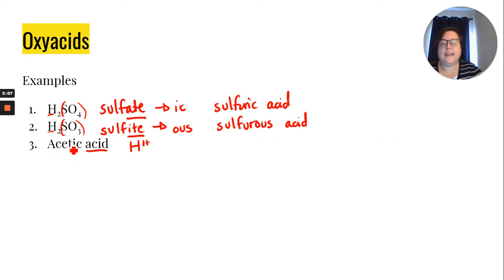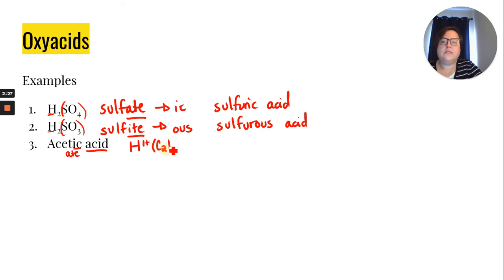Well, acetate, or acetic, the ic changes back to ate. And for acetate, on page 7 of your reference tables, there are actually 2 formulas. I like to use the first formula that they give you. The second formula is typically used in organic chemistry, which we don't cover. So we're just going to stick with the first one.